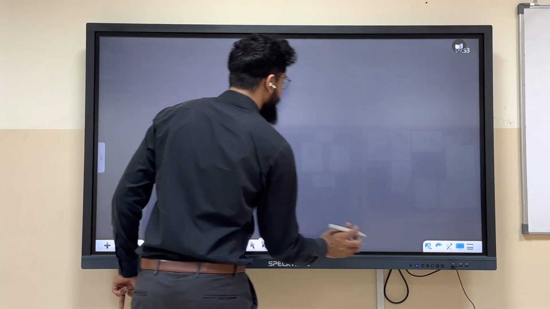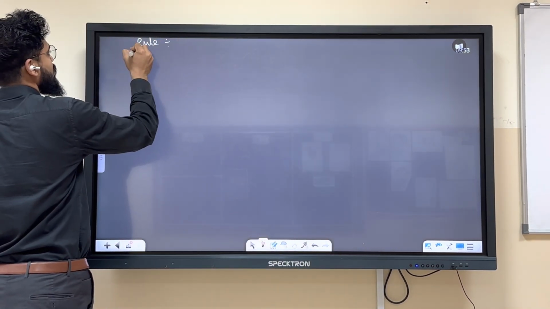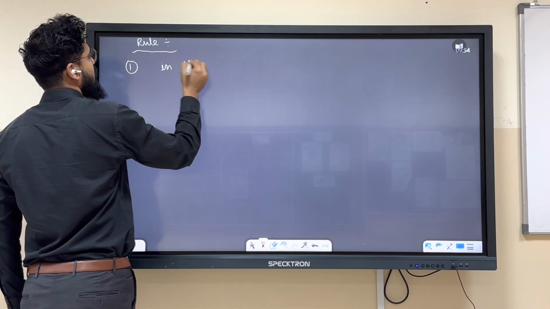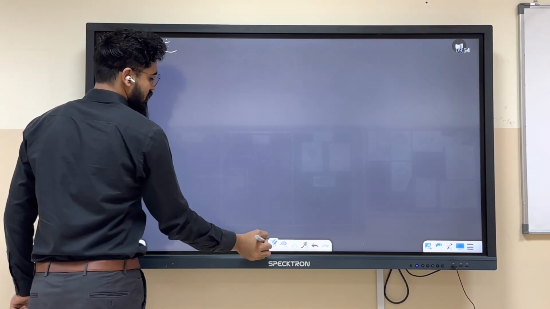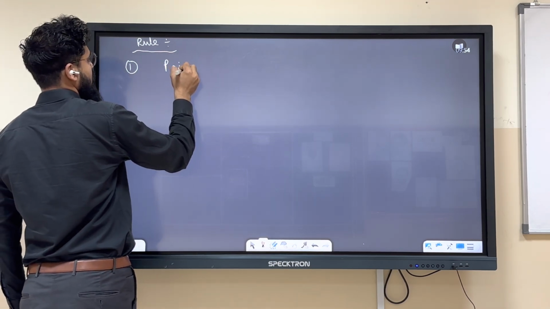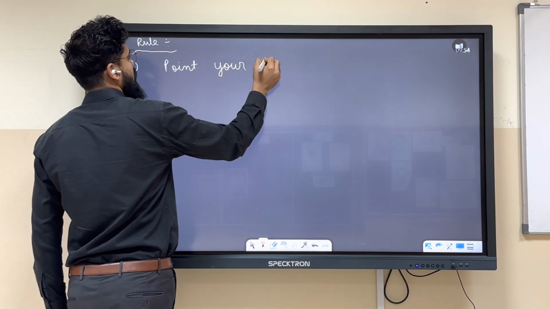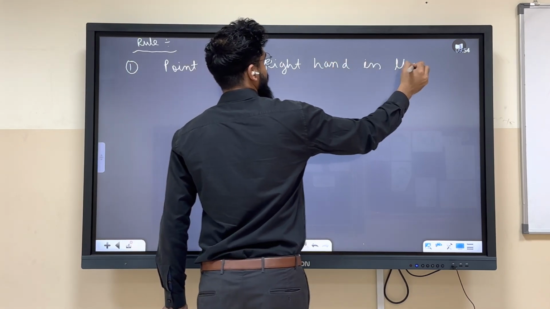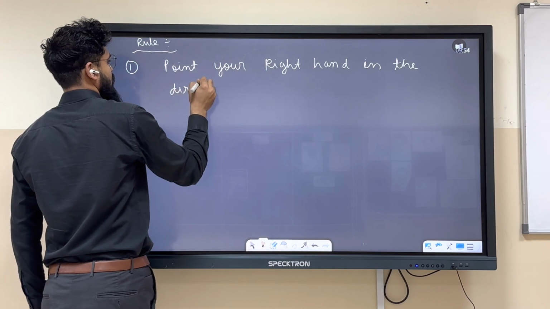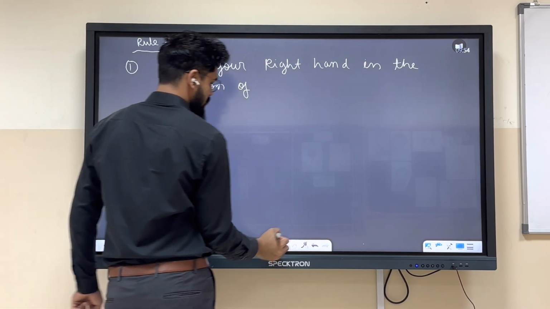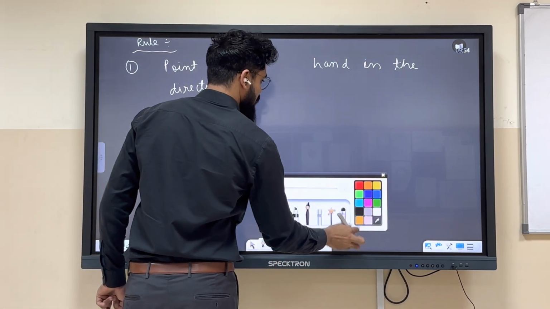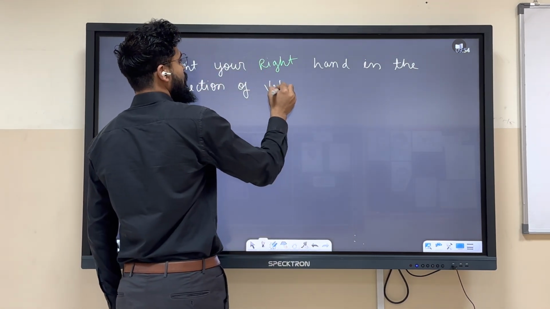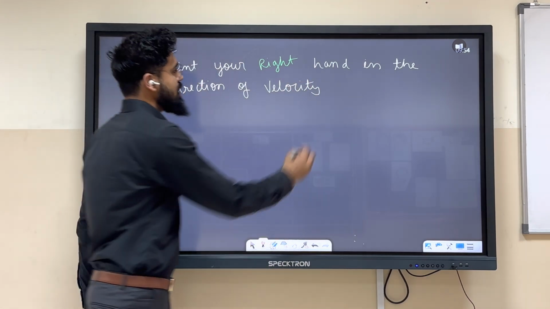So what is the rule? Point your right hand in the direction of velocity, okay?